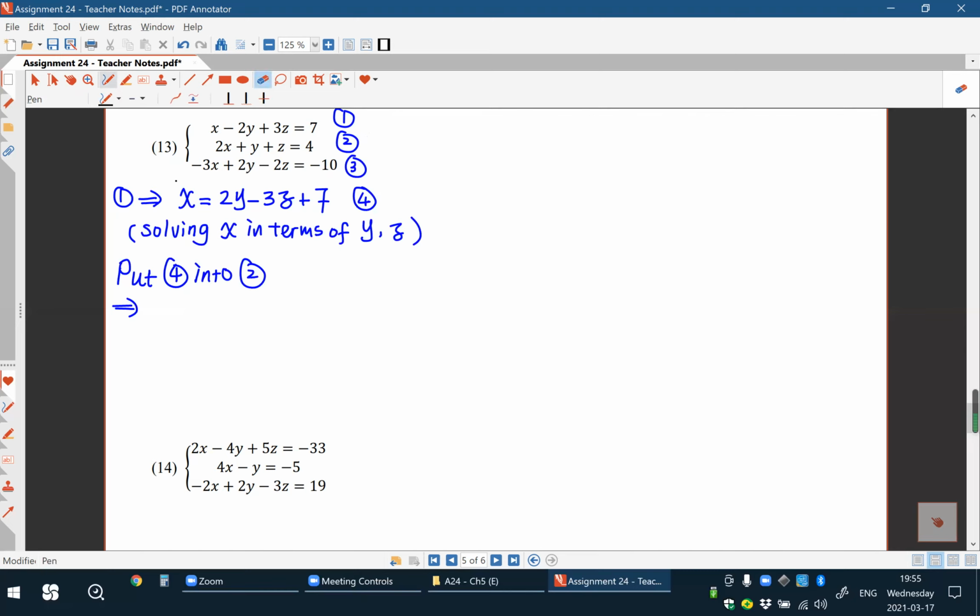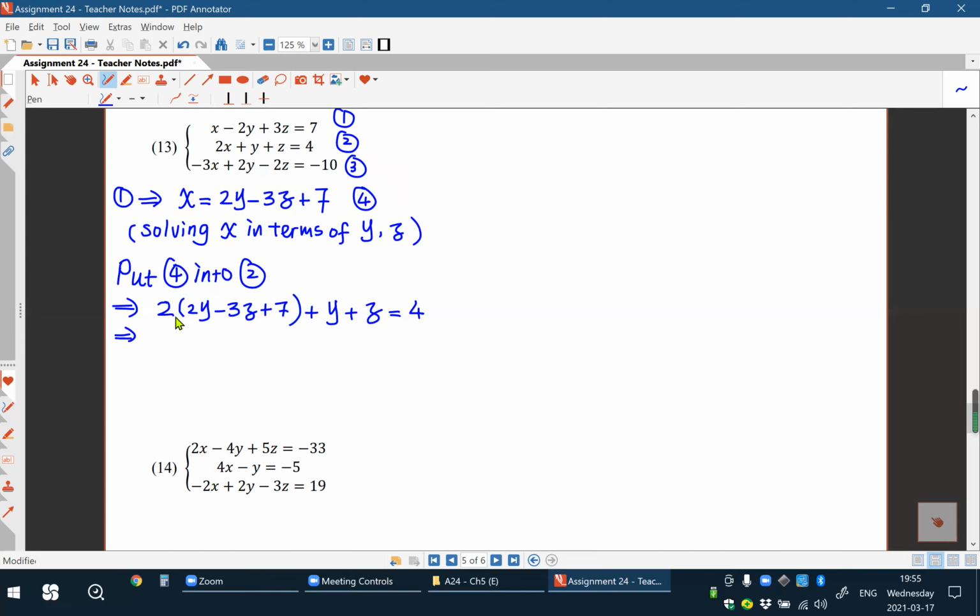If you put equation 4 into 2, what will you get? You will get twice x, that means twice (2y minus 3z plus 7), plus y plus z equals 4.